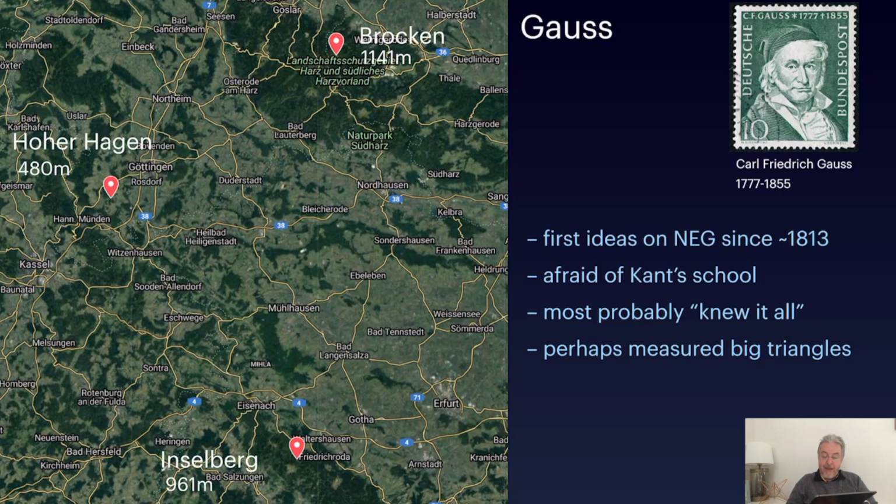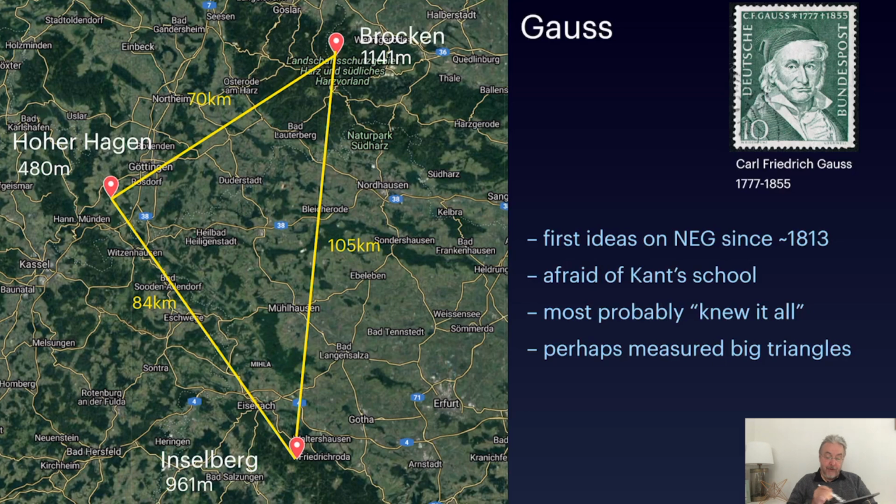So if you look in the literature, there are several sources that claim that Gauss, in his profession as geometer, went to three mountains: the Hoher Hagen close to Göttingen, the Brocken and the Inselberg, which are pretty high with respect to German standards and pretty far apart, so you get a really big triangle between them.